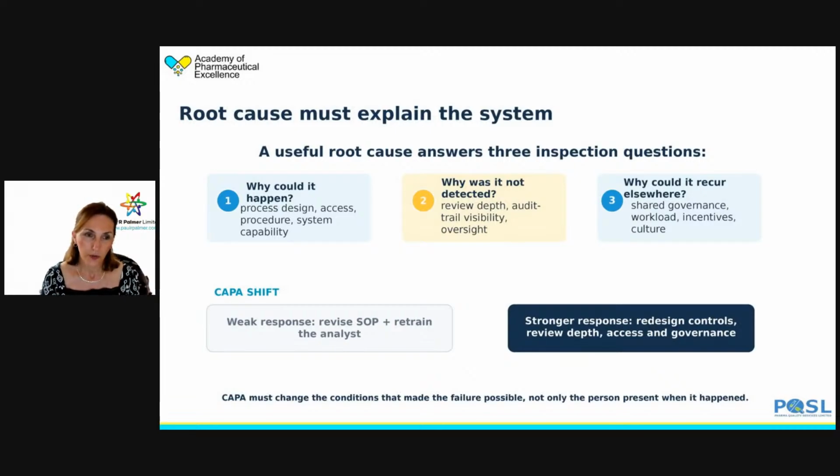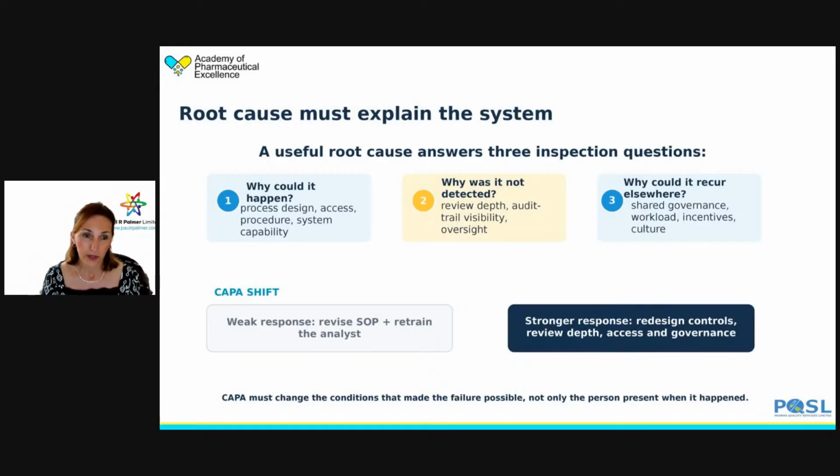The useful root cause addresses all these three questions. Why could it happen? Perhaps the system gave routine users deletion rights. The procedure permitted unofficial testing. The form design encouraged late transcription, or the workflow was too difficult to perform correctly under a normal workload.